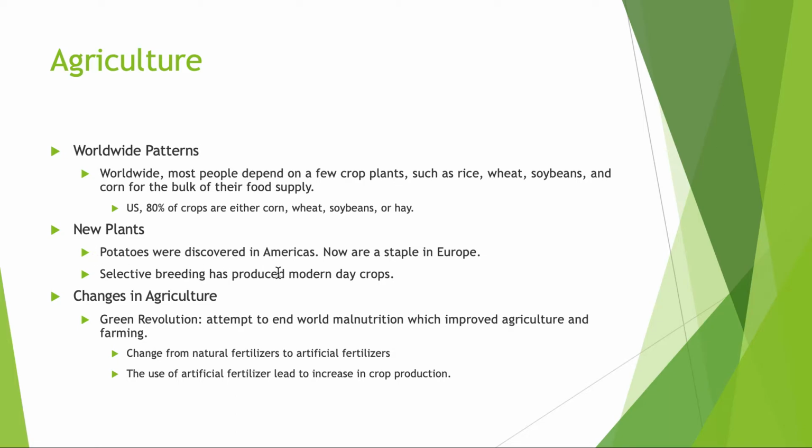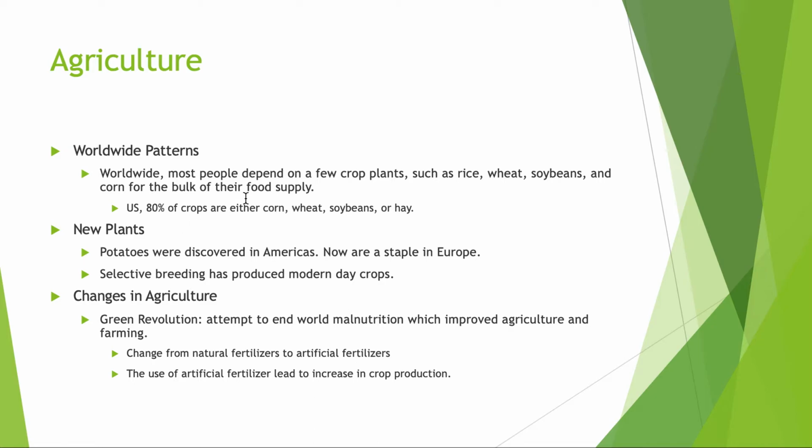One thing to understand about these crops and how they got there is this idea of selective breeding. So, selective breeding is similar to artificial selection. And that's simply what you are doing is you're taking these traits and you are going to make them better. So you're picking ones that you like and you will try to reproduce those traits.